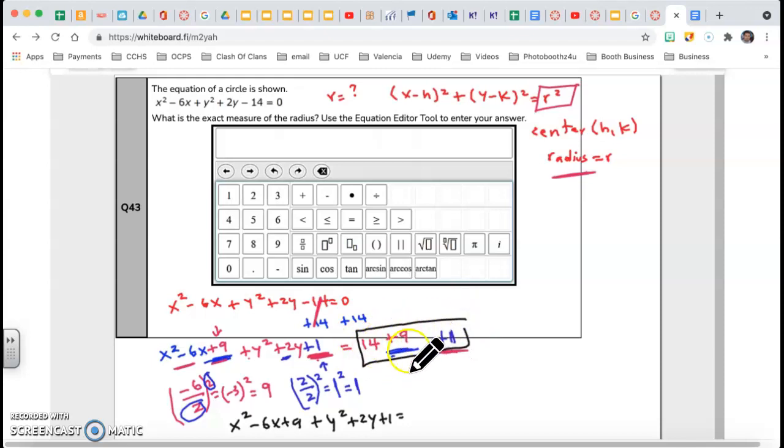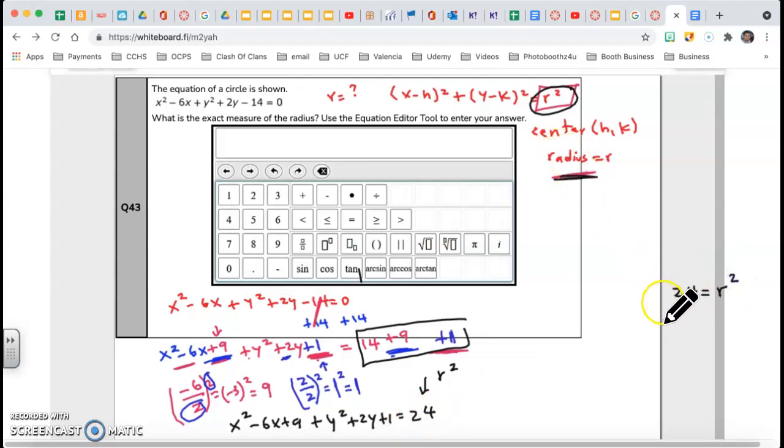Add them, because there are no variables there. So 1 plus 9 is 10, 10 plus 14 is 24. My last step is to factor this out. Remember, the question is to find the radius. When I have my equation organized, the value on the right side is r squared. So I have 24 is r squared.